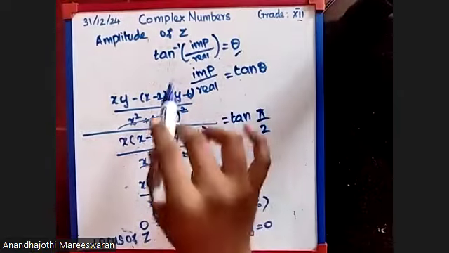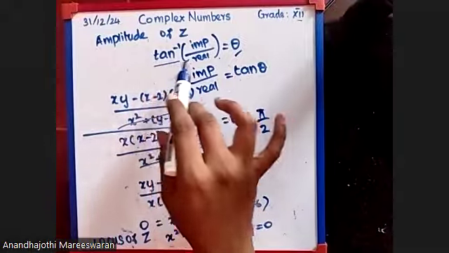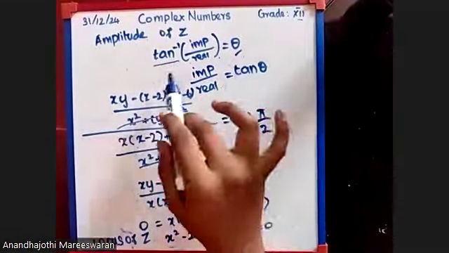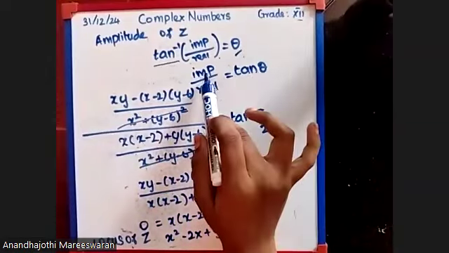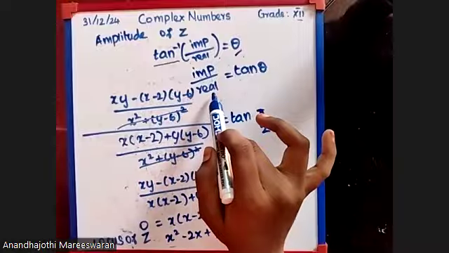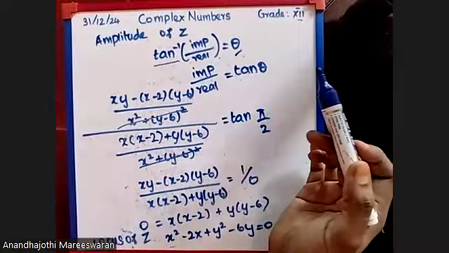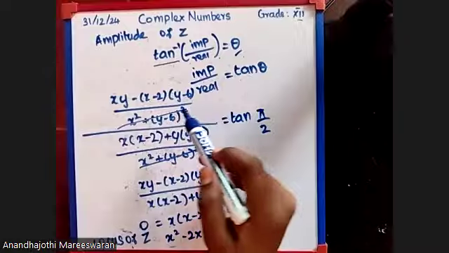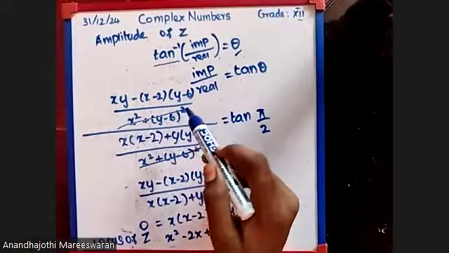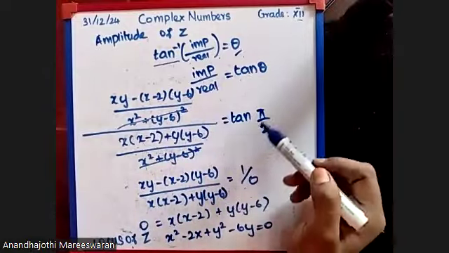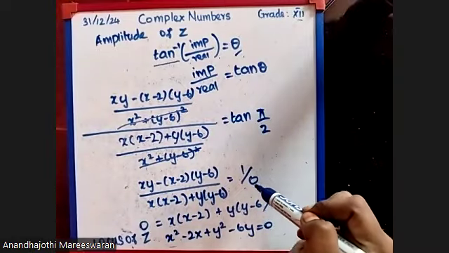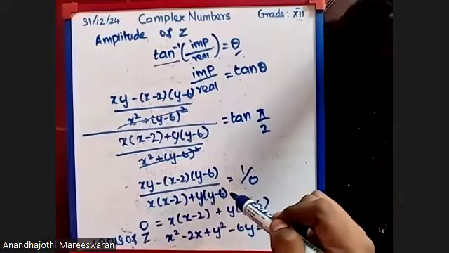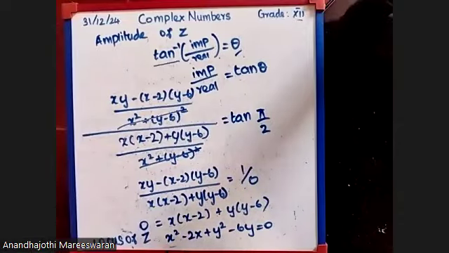For our convenience, I move this tan inverse to that side, so it becomes tan theta equals imaginary part by real part. From the above solved equation, we substitute the imaginary part and real part. We cancel the same terms and simplify. For tan 90 degrees, it will be 1 by 0. We cross multiply and simplify this. So the final locus is here.